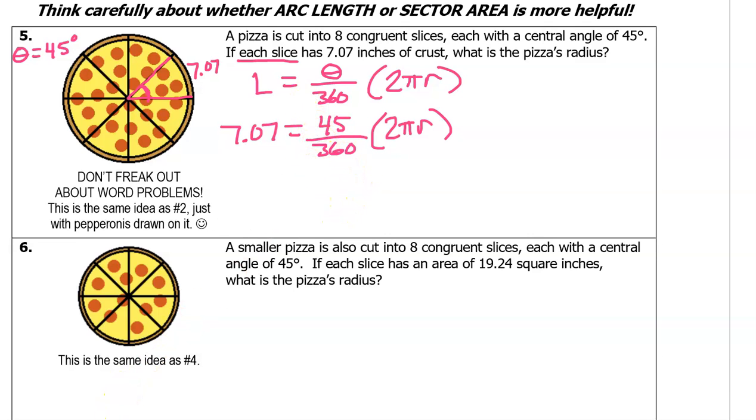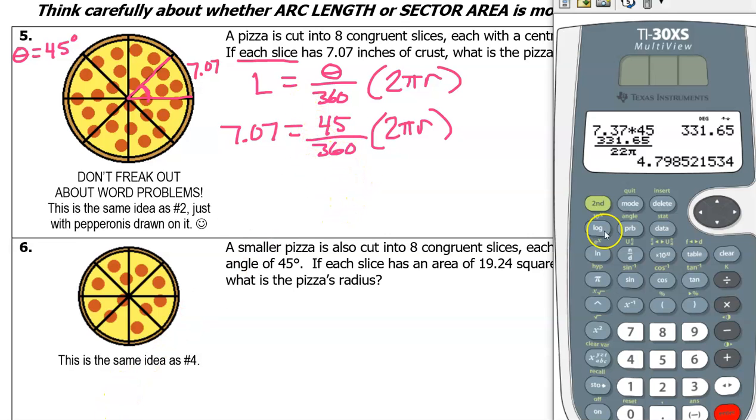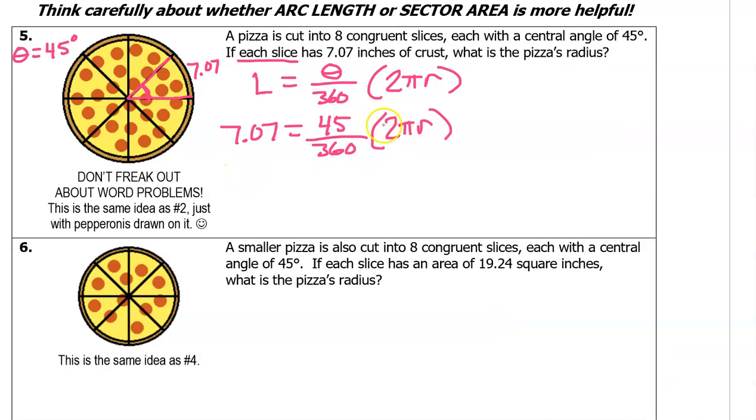You don't have to reduce if you don't want to, but I'm always going to reduce because smaller numbers are easier to work with. 45 over 360 reduces to 1/8. So you would get the same answer if you did not reduce right now. Okay, but I find 1/8 is more pleasant to work with.